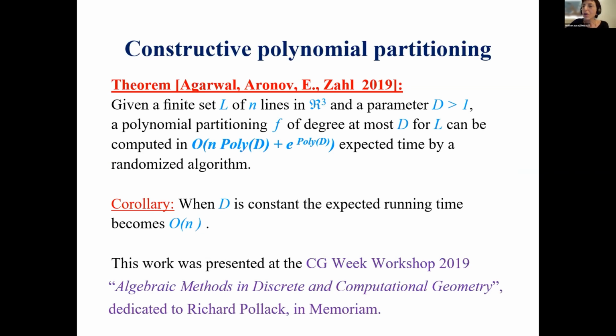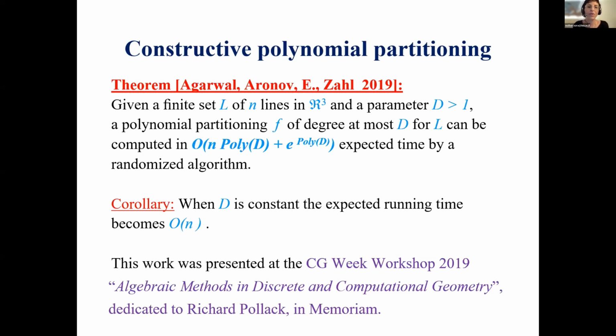Okay, what about the algorithmic implications? It is also possible to construct such a polynomial partitioning efficiently. This is a paper of Agarwal, Ezra, Sharir, and myself from 2019. We showed that, again, this result is more general, but restricted to the case of lines.